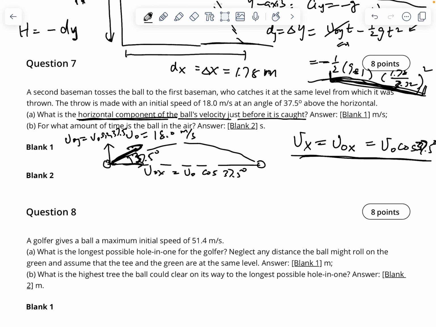For what amount of time is the ball in the air? In-air time actually depends on the initial velocity in the y-axis, right? If we figure out how long it takes to reach the peak, then the in-air time will be double the peak time.